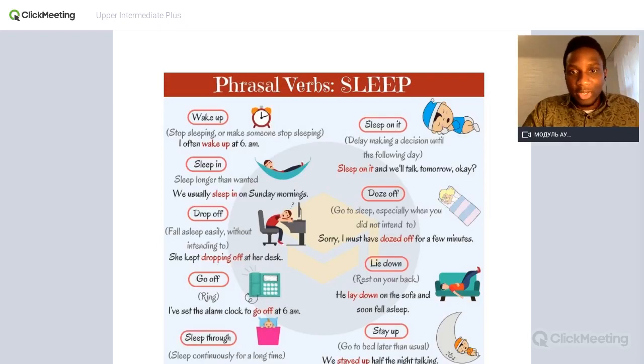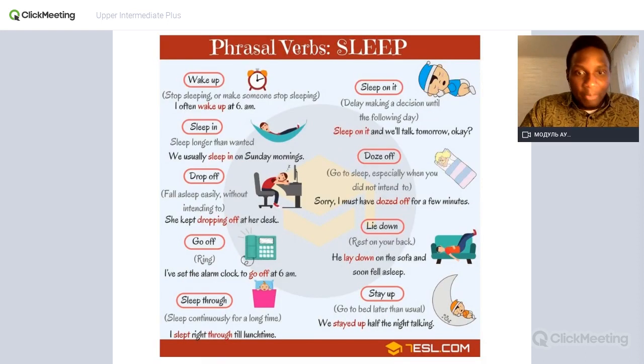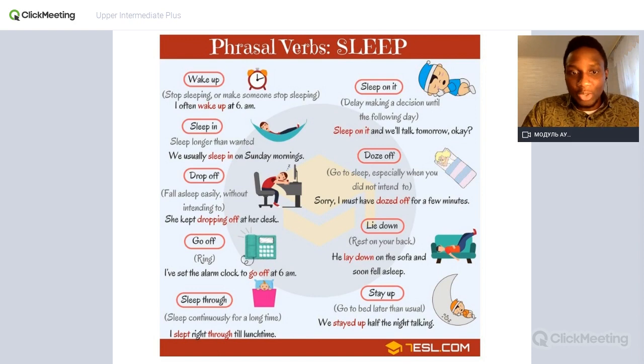Doze off is when you don't intend to fall asleep. Stay up means go to bed later than usual, and sleep through means sleep continuously for a long time. Drop off is when you're at work and you fall asleep easily without intending to.